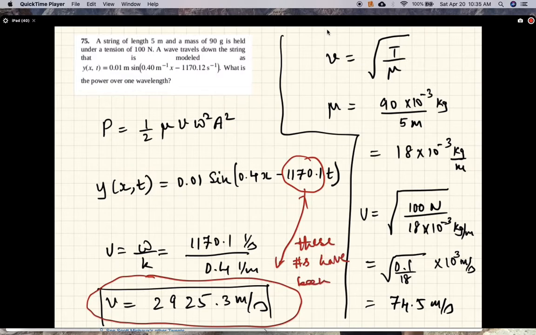They're not consistent with these two numbers. So we're solving the problem assuming these two numbers are correct, so we'll solve it using those two numbers.